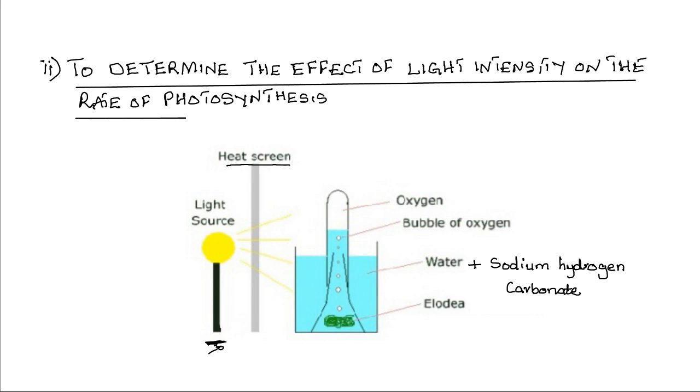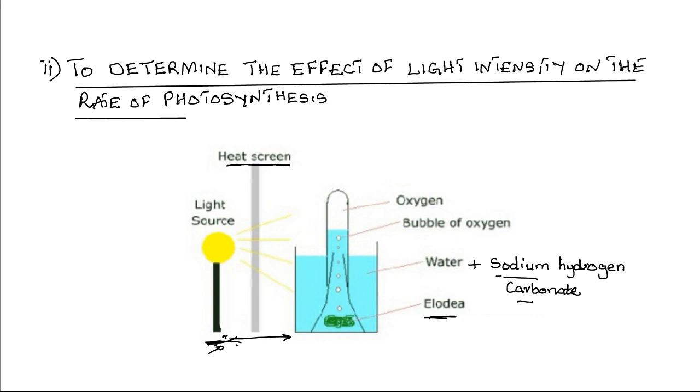Then we count and record the number of bubbles of oxygen produced per minute. So you keep varying the distance so that from the data we'll be able to relate the distance, which determines the light intensity, and the rate of photosynthesis measured by the number of oxygen bubbles produced per minute.